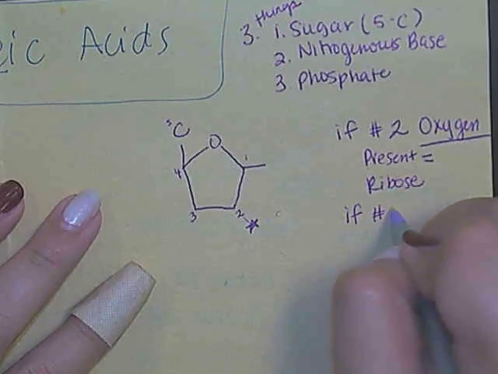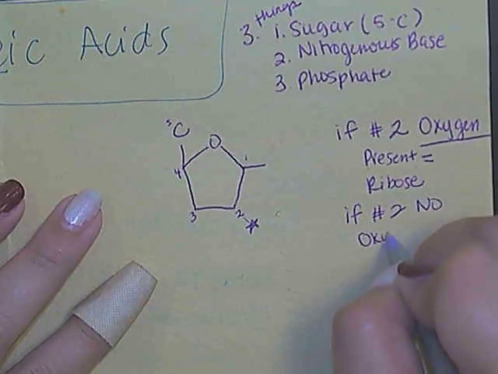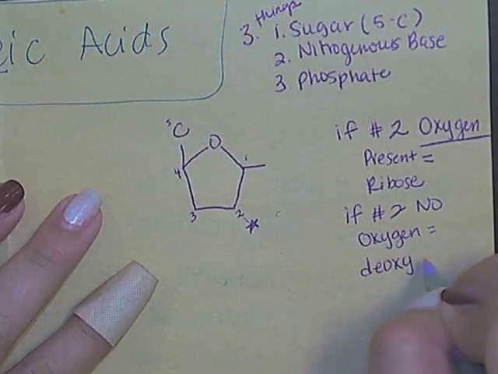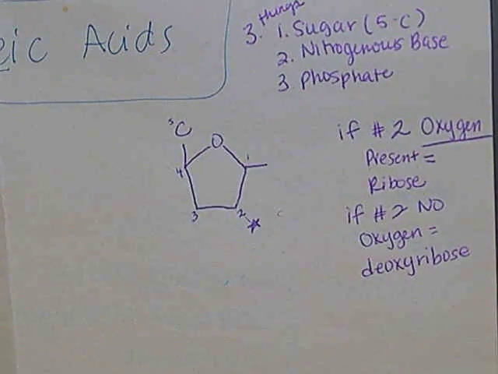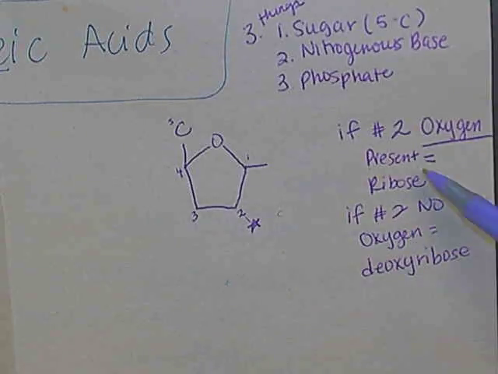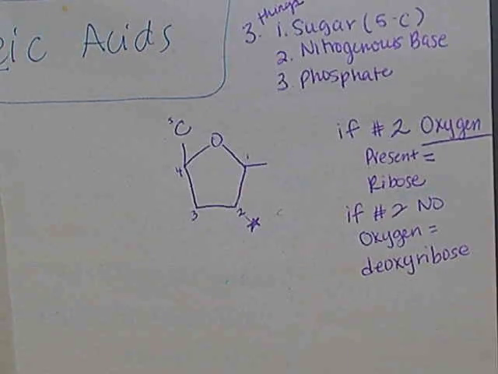If at number 2 there is no oxygen present, then we call it deoxyribose. So those are the 2 sugars that we're going to be using in our nucleic acids to make up our monomer, ribose and deoxyribose. And you always look at carbon number 2 to see if that oxygen is present.